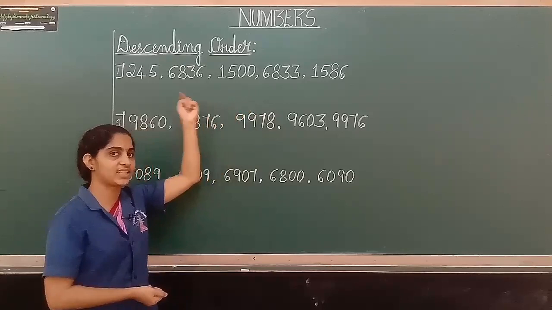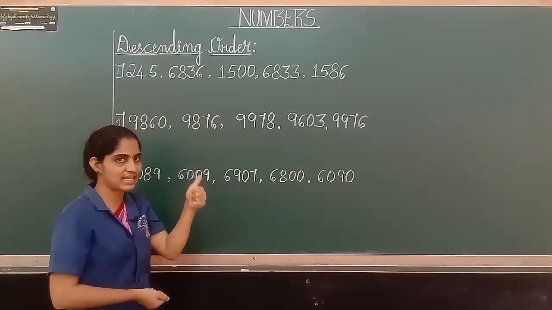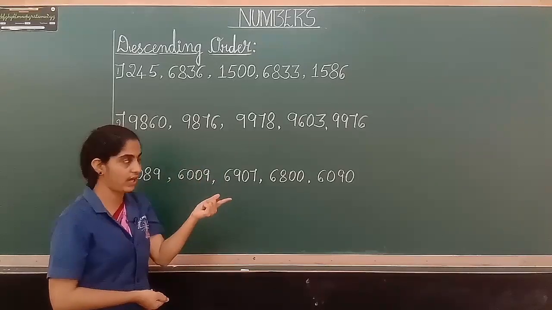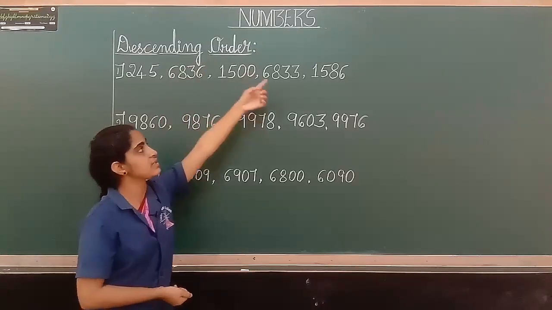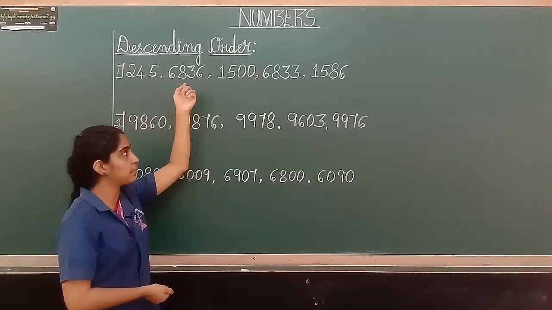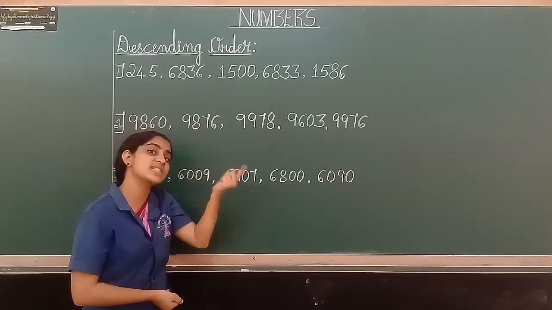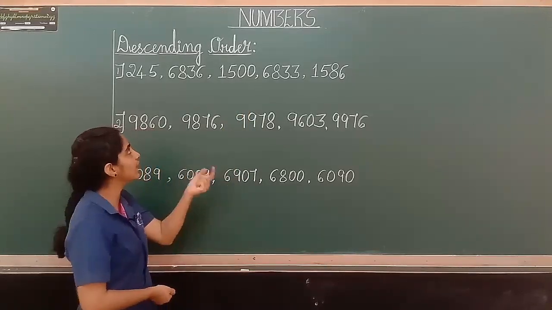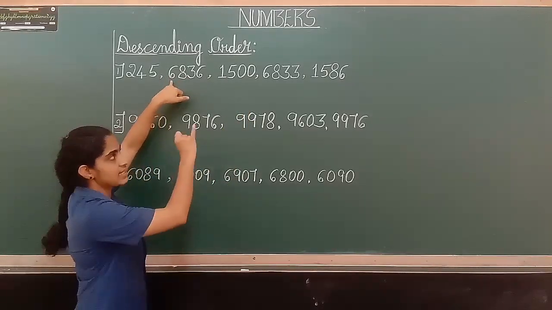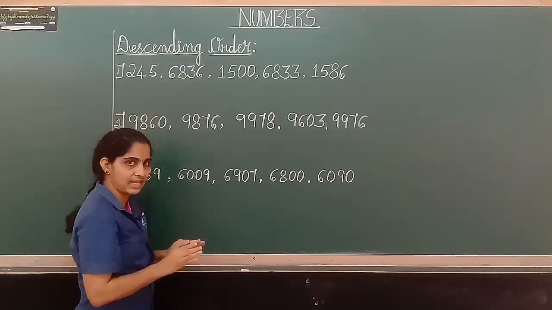So which is greater? 6 is greater or 1 is greater? You know that 6 is greater than 1, right? So in these numbers, first digits are 6. That means in these two numbers, we have to identify which is the greater number. So let us find out. When we consider the first digit, at both places the digits are same.